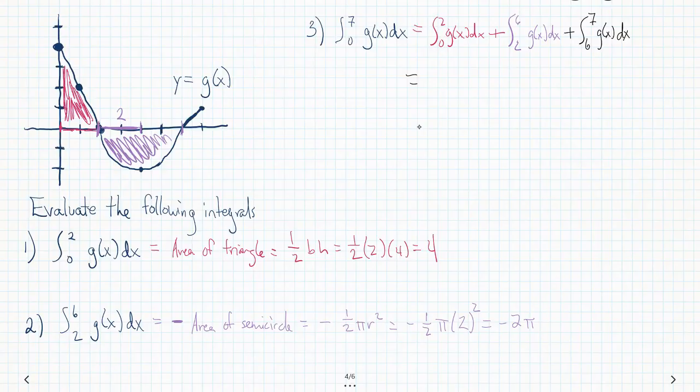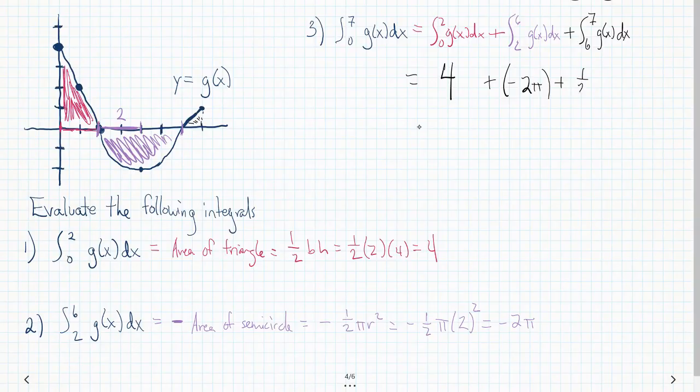Okay. So with that in mind, we have, well, the first case was 4. So that part is pretty much done for. And then the next part, plus we have a negative 2 pi. And the last part, notice this is a triangle. And our base and height are both 1.